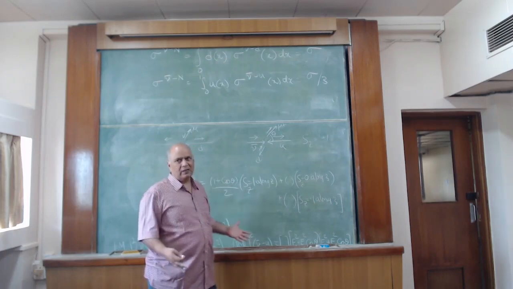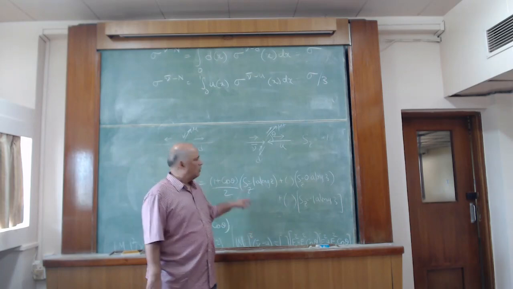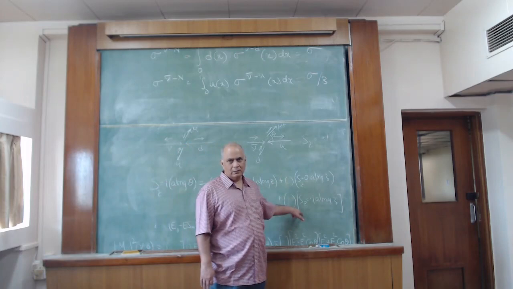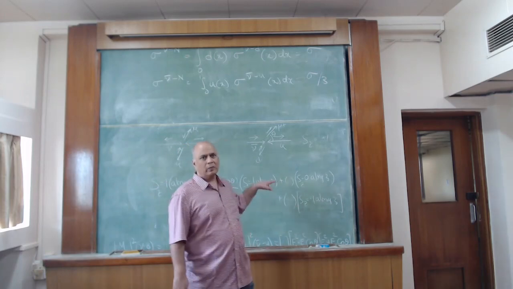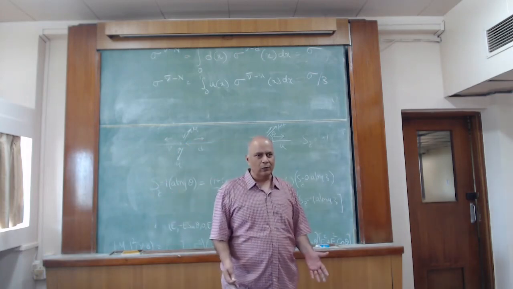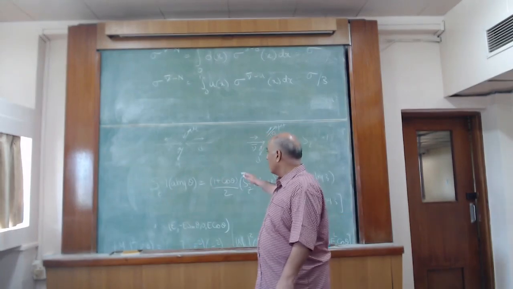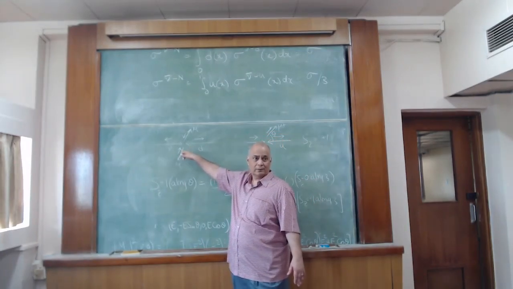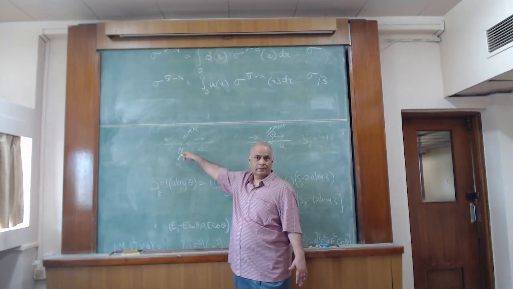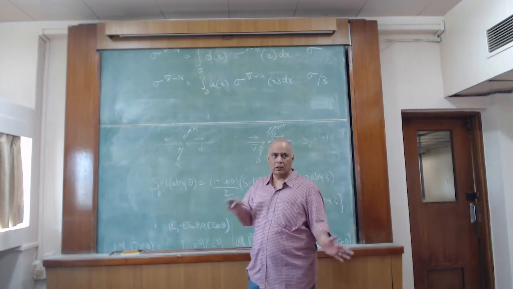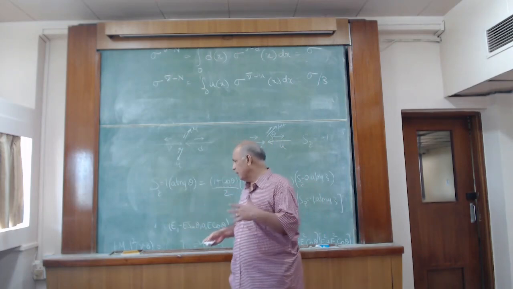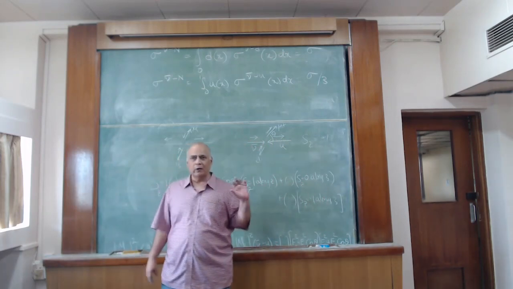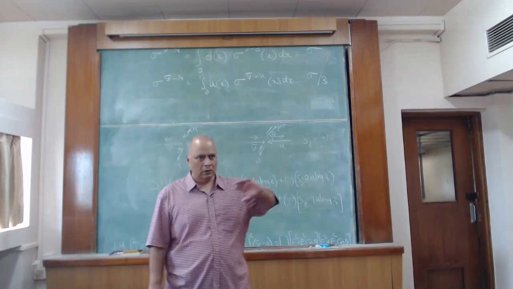And by Sz conservation, only this is allowed, these two are forbidden. So I get (1 plus cos theta) whole squared by 4 relative to this case. So that's how we can explain that additional angular dependence in the case of the antineutrino.